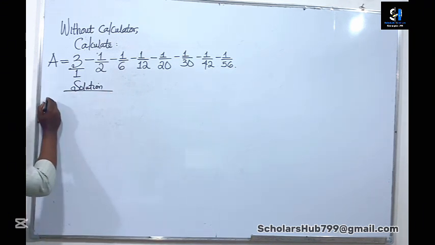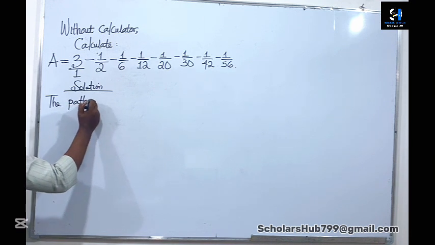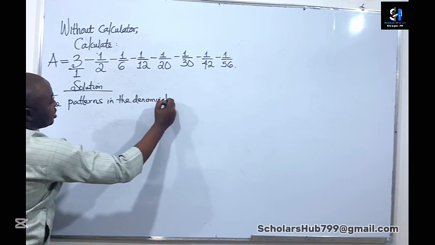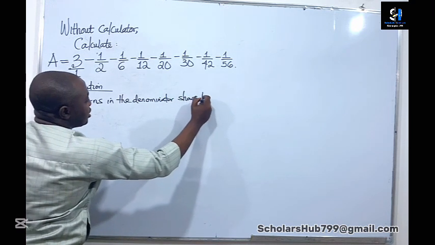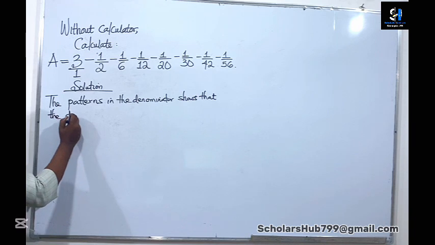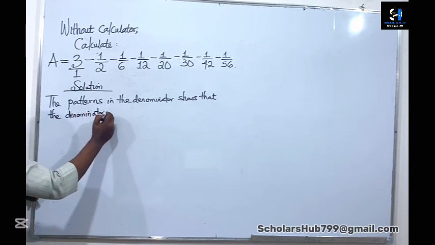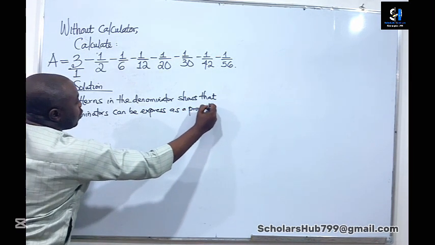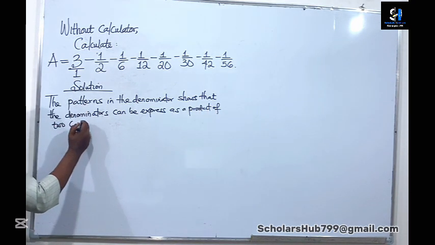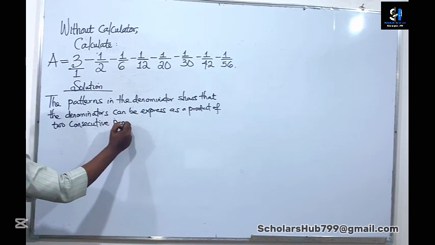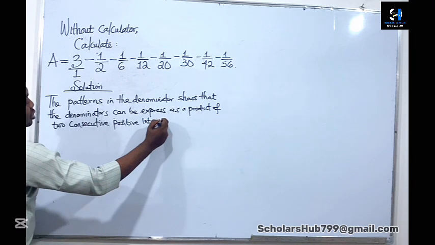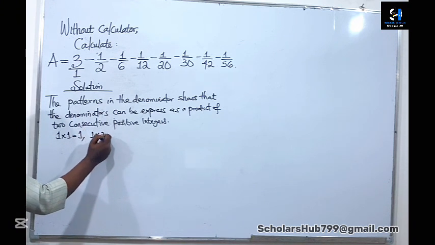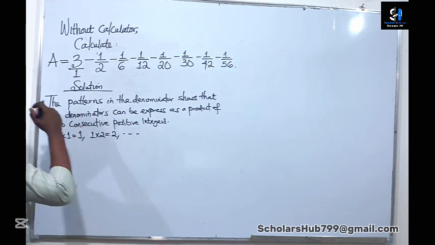The patterns in the denominator show that the denominators can be expressed as a product of two consecutive positive integers, just like 1 times 1, 1 times 2 to be 2, denominators like that, and so on.